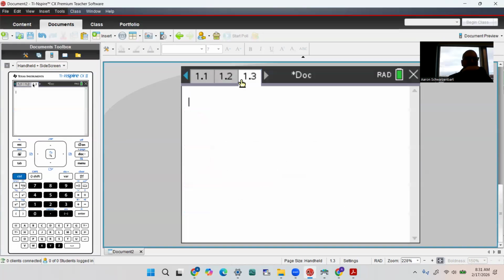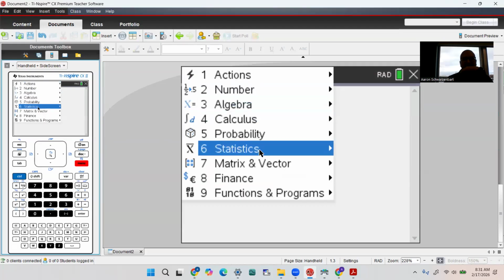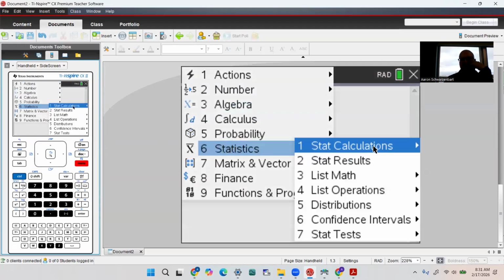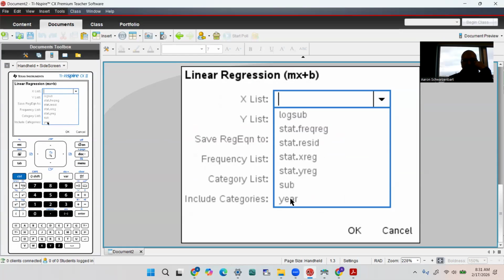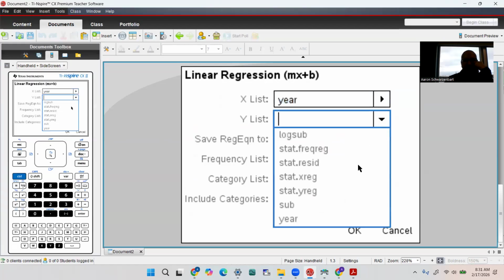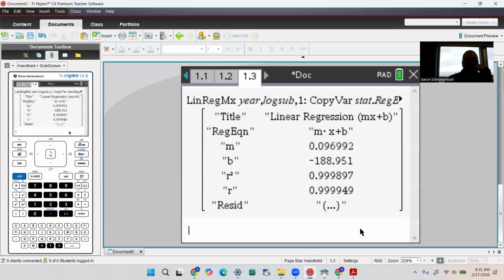I can also do it from the calculator page. Menu, statistics, stat calculations. Year. If I showed you this, the F1 thing, just use whatever it defaults to.